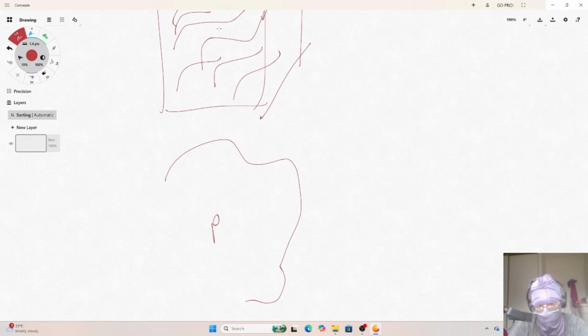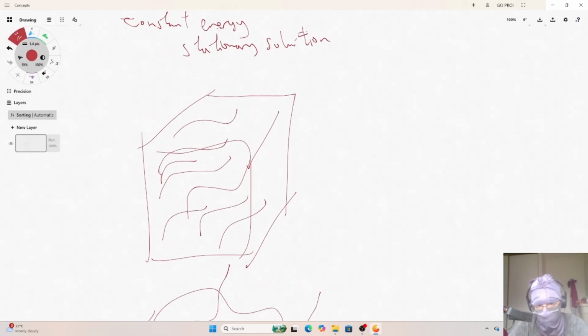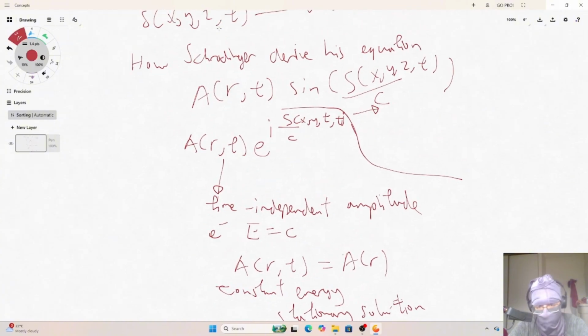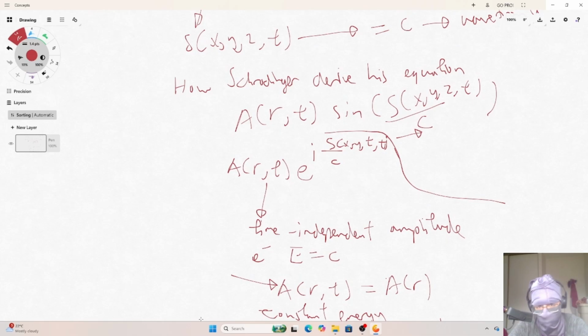He wanted some kind of wave configuration through space that was somehow stable, for a stable electron, not an electron transitioning. And so he assumed that it was time independent, and he preferred to write it that way.